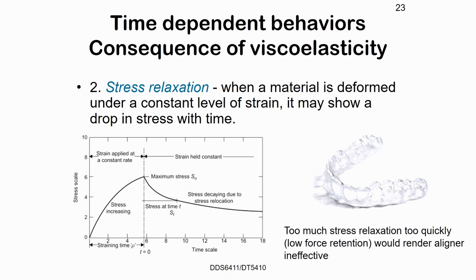You're going to have to replace it very often. Usually they last one or two weeks. So stress relaxation can occur not only from tooth movement, but also from the aligner material. Right now we're doing a lot of testing for different aligner companies to compare their force retention capability, or their stress relaxation.